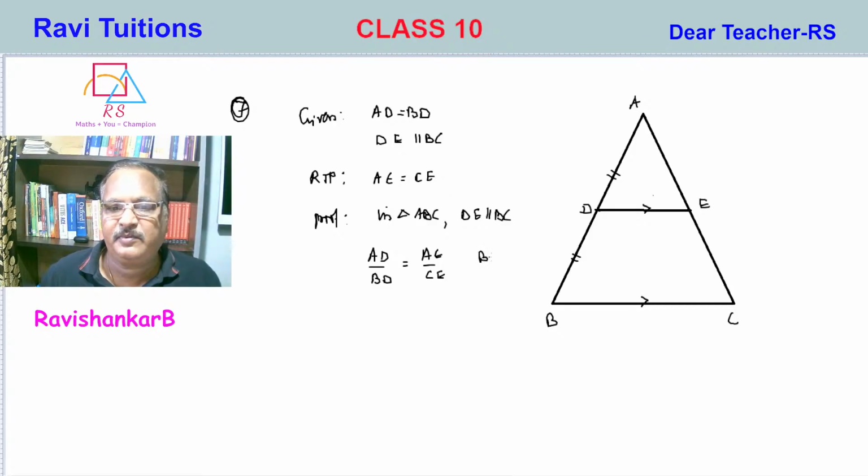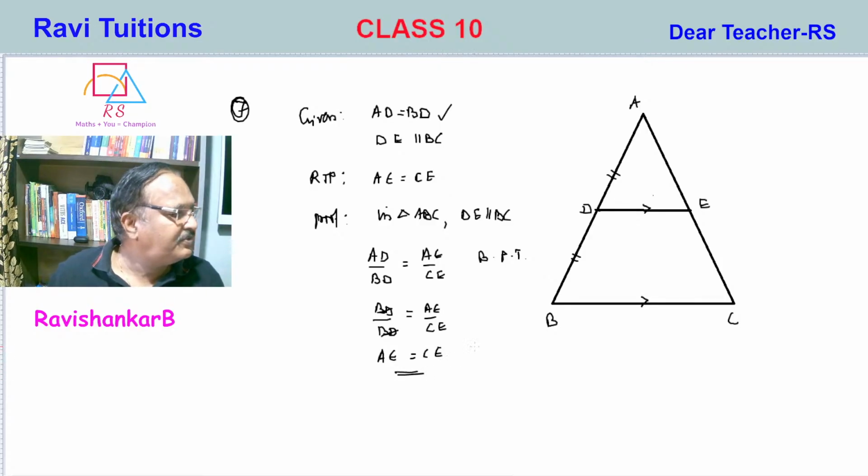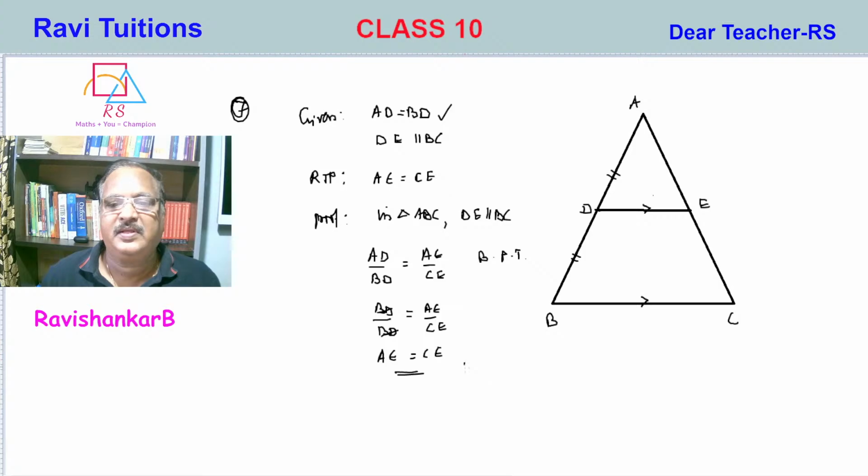This is basic proportionality theorem. So now because AD is equal to BD, in the place of AD I will write BD. So BD and AE by CE. So BD will get cancelled. If you do cross multiplication, AE is equal to CE. This is what we have to prove.